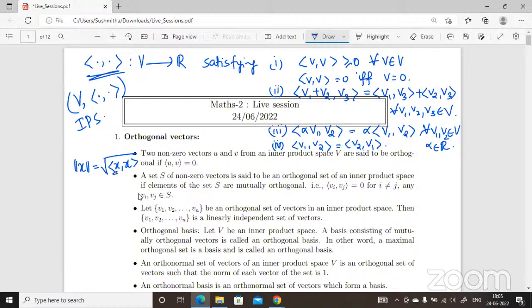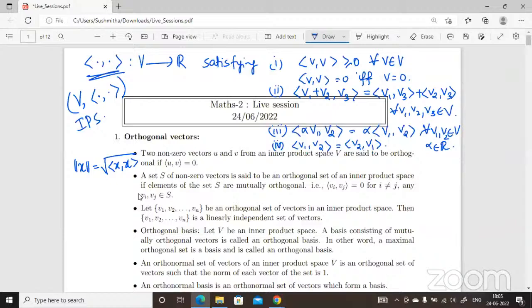So this inner product is based on what the definition of the inner product is, not the usual dot product always, right? Yes. So you have to be very careful. When you're calculating the norm of a vector, you should calculate it with respect to the inner product that is given, not the dot product always. And norm is a function satisfying 3 conditions.